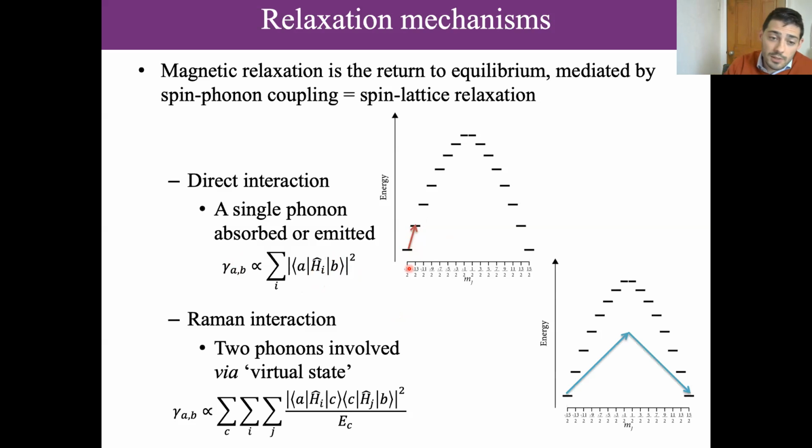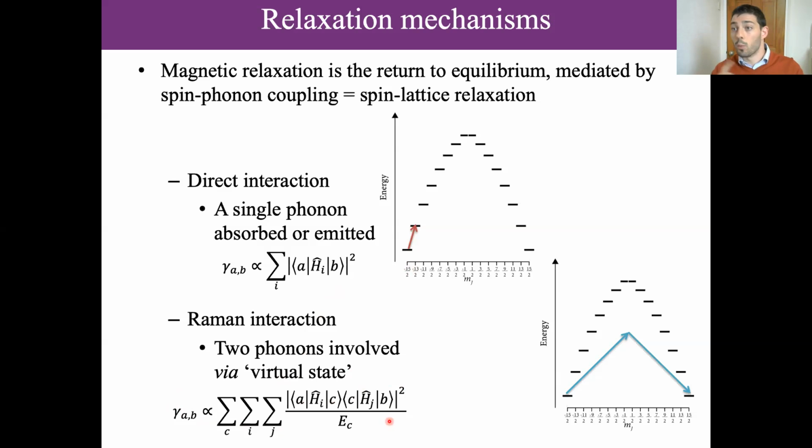The second fundamental interaction is a two-phonon process where we have, say, the absorption and then emission of two different phonons. It's the energy difference of those two modes that causes absorption or emission of energy from your spin cluster. This is a higher order process. You're now into second order perturbation theory, which can either be second order time dependent, or second order in the interaction Hamiltonian, which is then taken at first order time dependent perturbation.